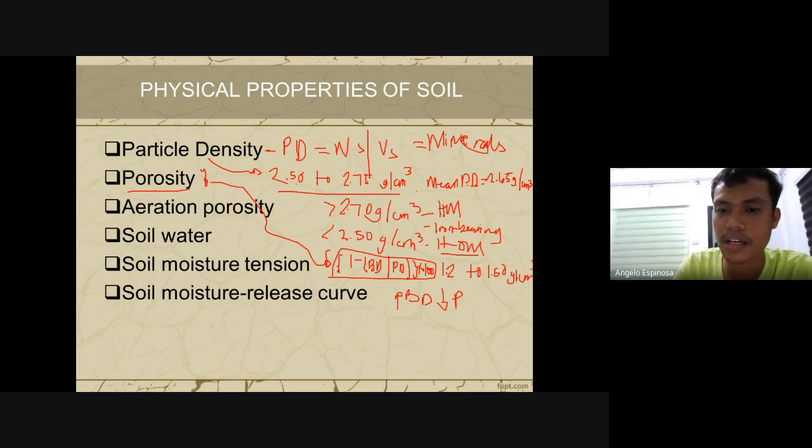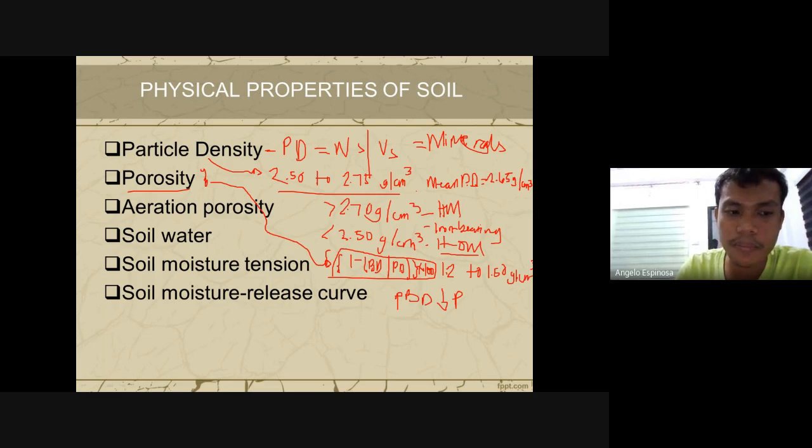So when the bulk density reaches 2.50 to 2.75, the porosity approaches 0. When the bulk density is in the range of 2.50 or higher than that, the porosity approaches 0.